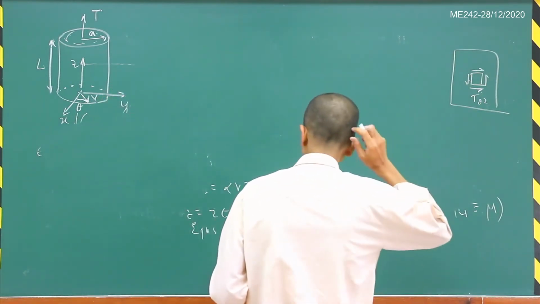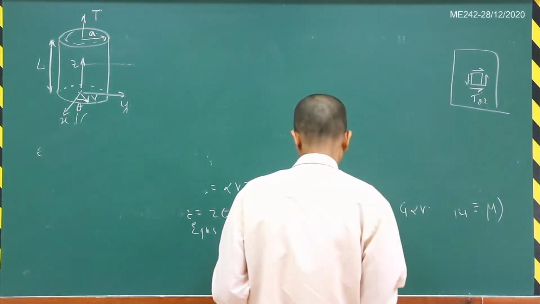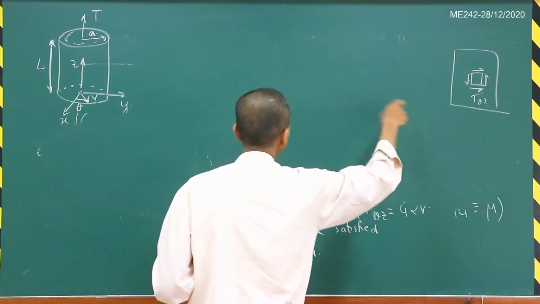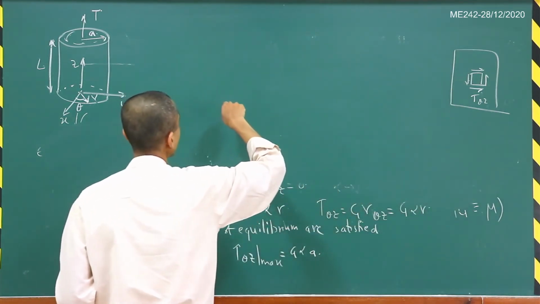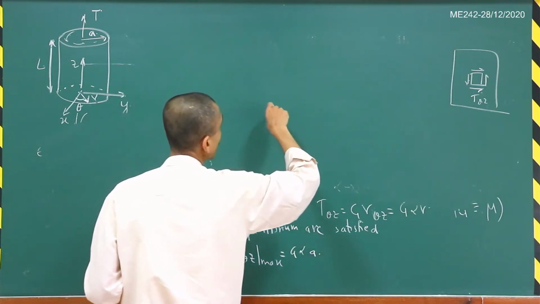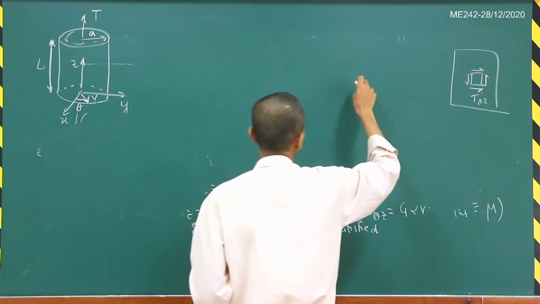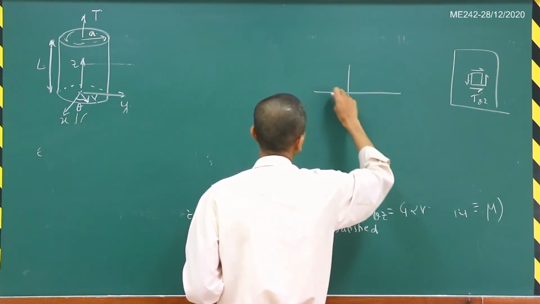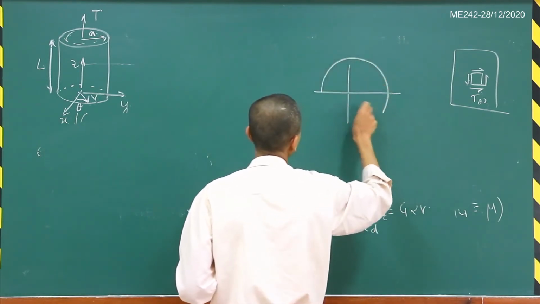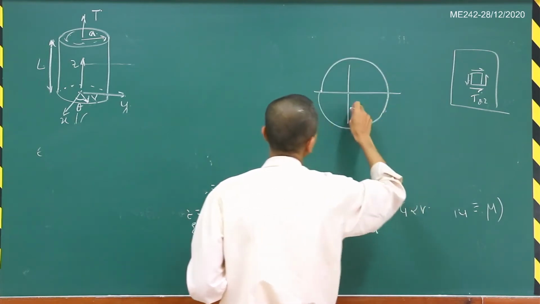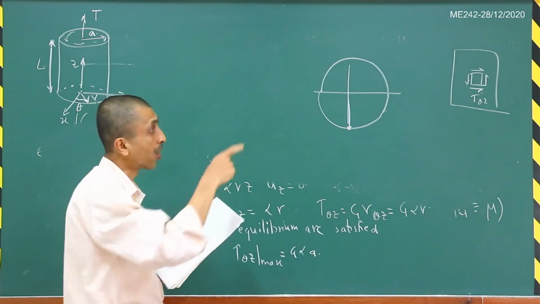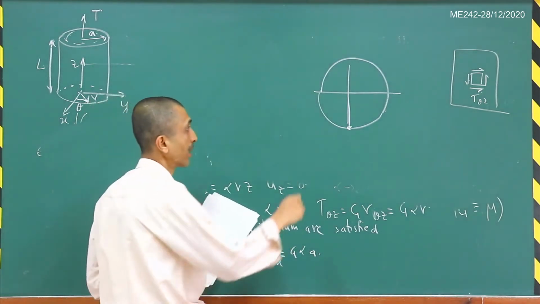If you find the principal stresses corresponding to this tau theta z, then suppose we draw the Mohr circle, it will look something like this. Okay, so this is the state of stress, right? Because there is only shear stress, there is no normal stress on that particular element here.